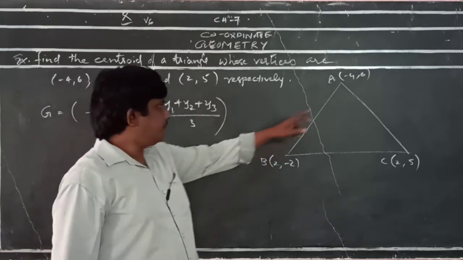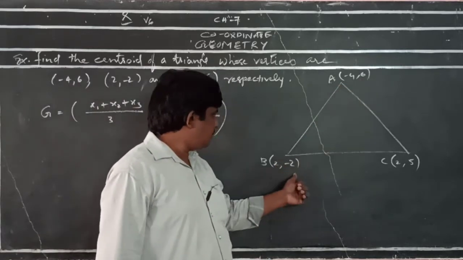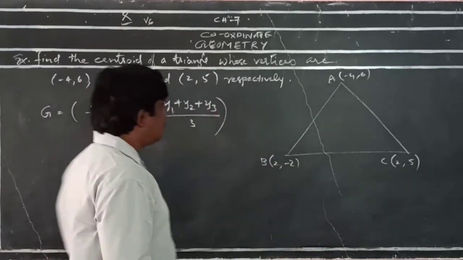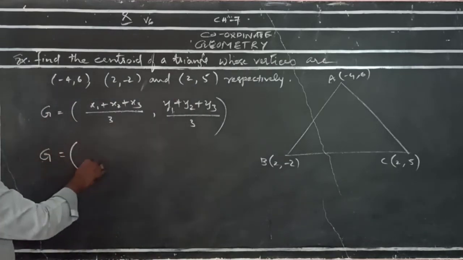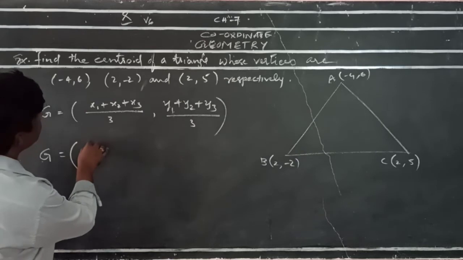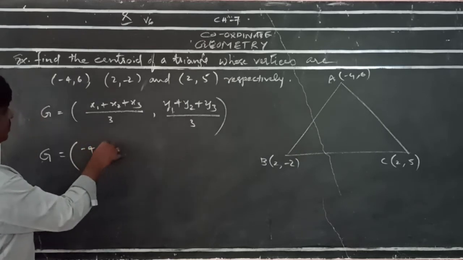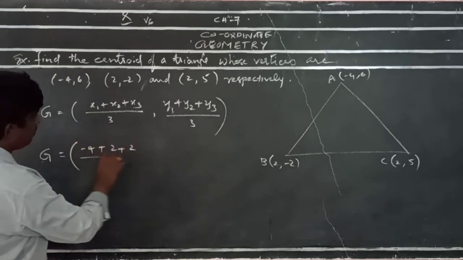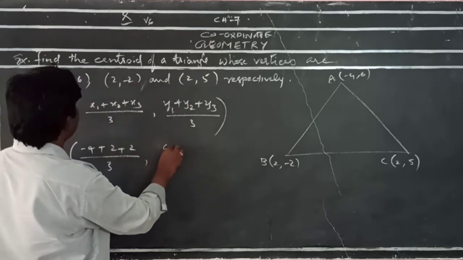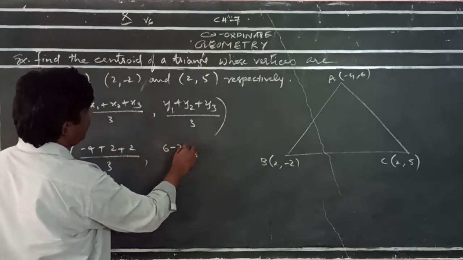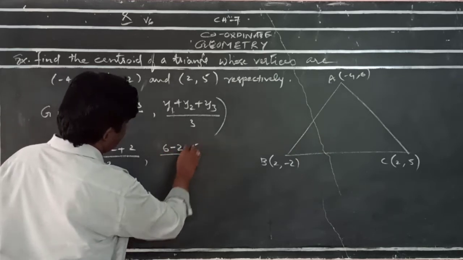So if this is (x1, y1), (x2, y2) and (x3, y3), then G is nothing but (-4 + 2 + 2)/3, comma (6 + (-2) + 5)/3.